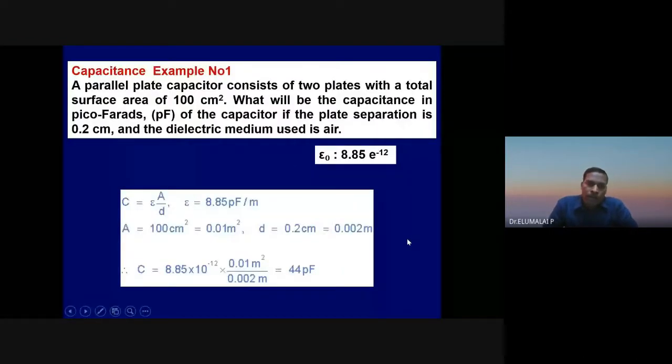So epsilon A by D, epsilon is 8.85, A is 100 centimeter square and D is 0.2 centimeter. Take the proper unit and you get 44 picofarads. 44 picofarads.